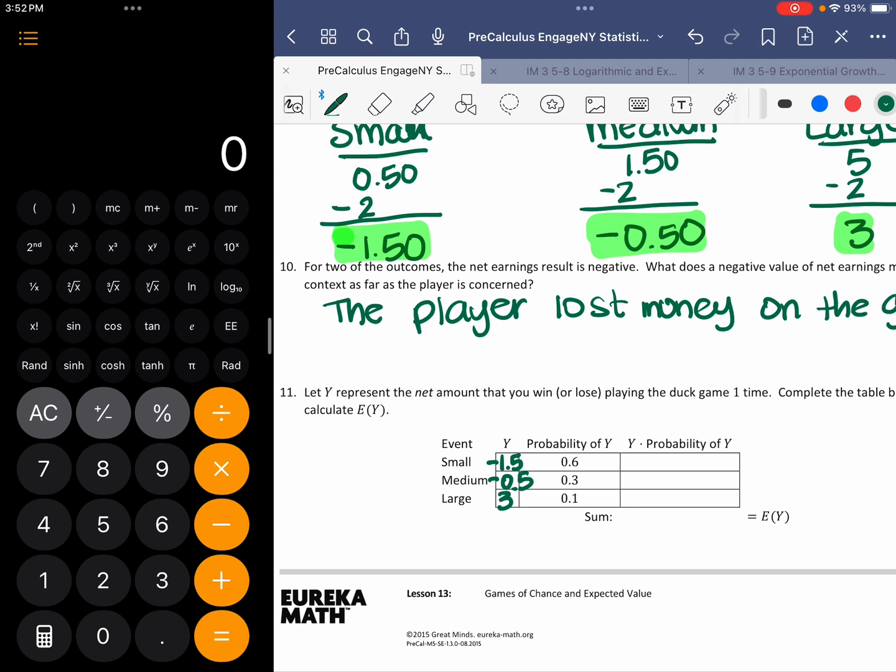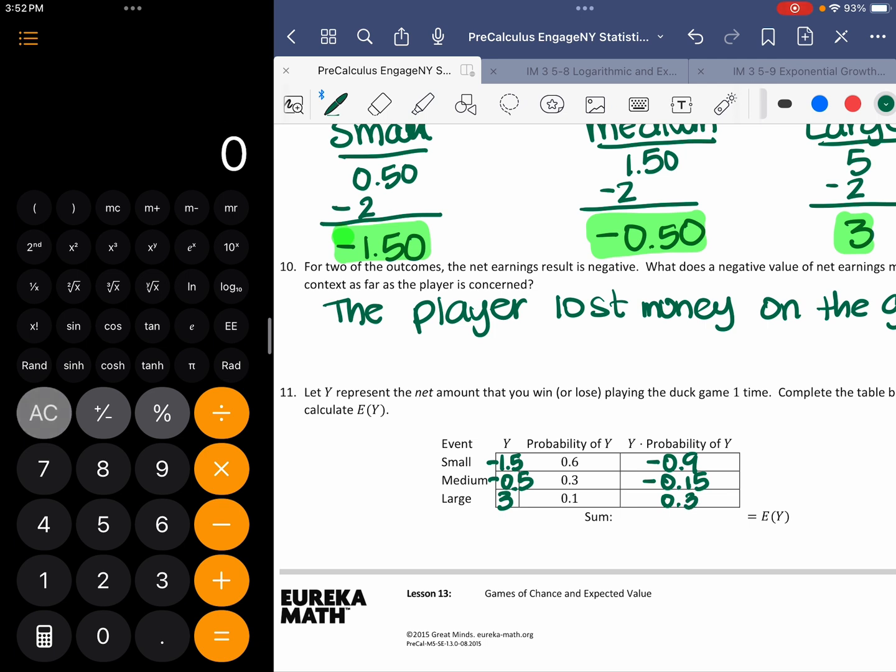All right, let's make sure that we've got these calculations on lock. So 1.5, but I'm making it negative, times 0.6 is negative 0.9. Medium, which is negative 50 cents, times our 30% chance is negative 0.15. And large, 3 times 0.1 is 0.3.